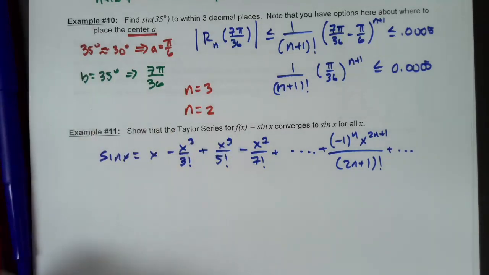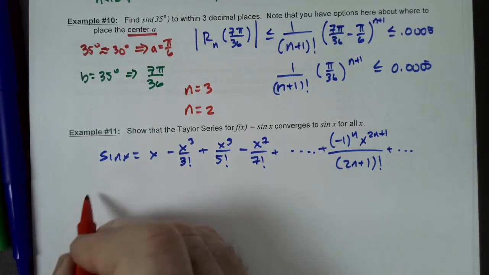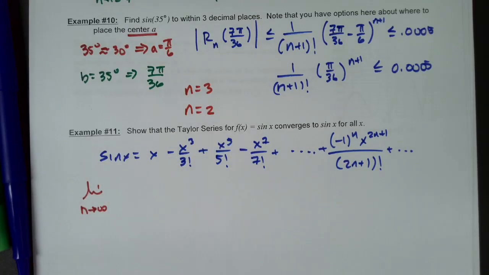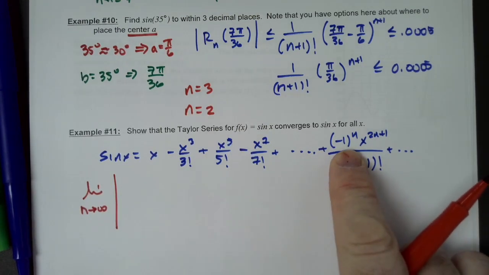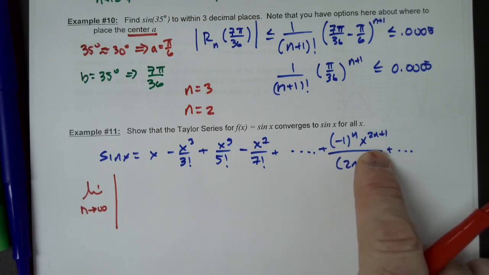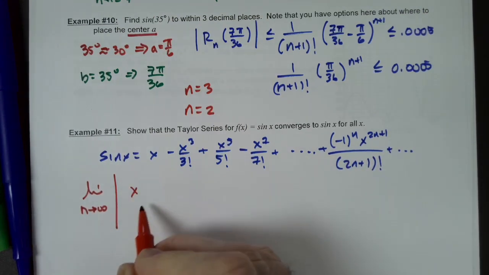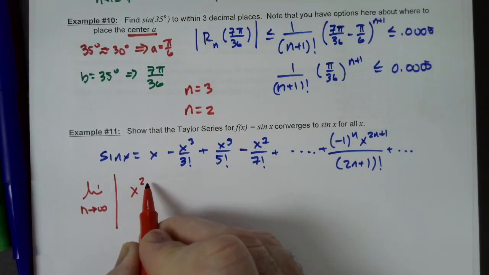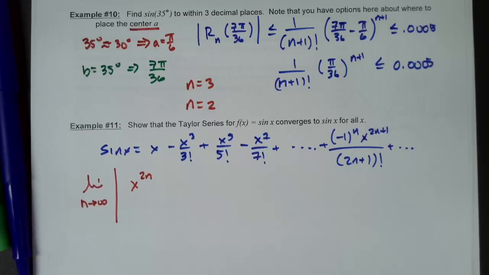So let's do a quick little limit as n goes to infinity ratio test. I'm not going to worry about this negative 1 to the n because I'm taking the absolute value. So remember this one. Some of you mess this up. When I do n plus 1 here, this is 2 times n plus 1, and then adds 1.